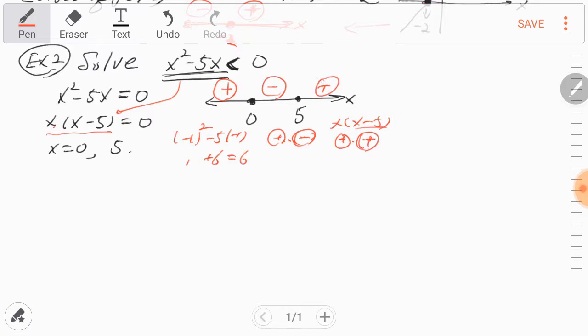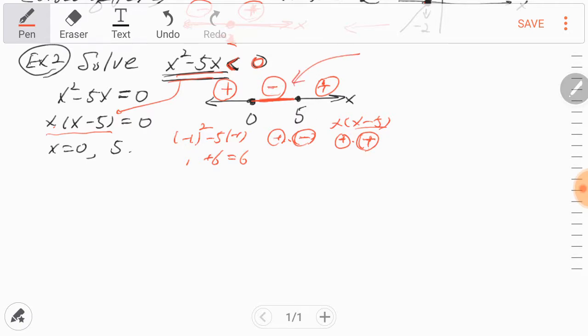So from here, we are looking for where the y value is less than 0. Less than 0 is negative, right? Of these three intervals, the negative y values occur when x is between 0 and 5. So this is the solution.